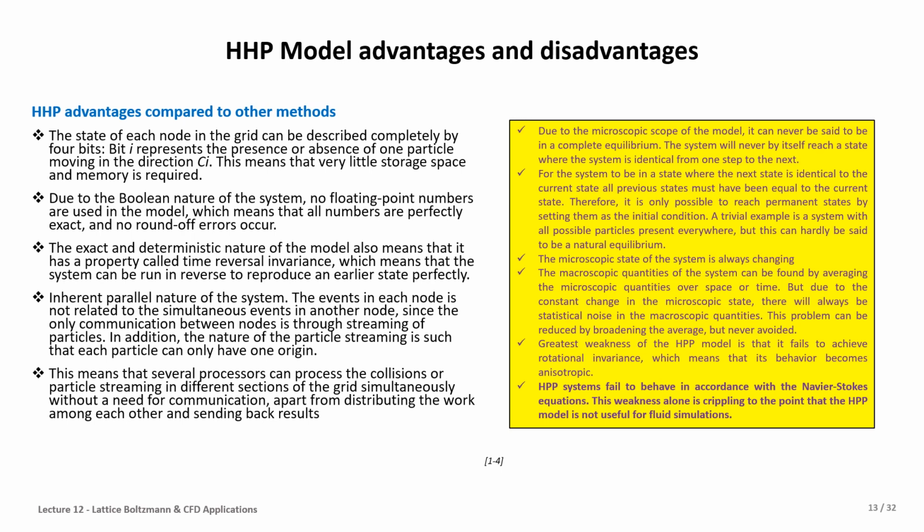However, due to the constant change in the microscopic state, there will always be statistical noise in the macroscopic quantities. So you can see many disadvantages. It also has some advantages, but the disadvantages and the failure on the Navier-Stokes equations make it useless in the fluid dynamics area.